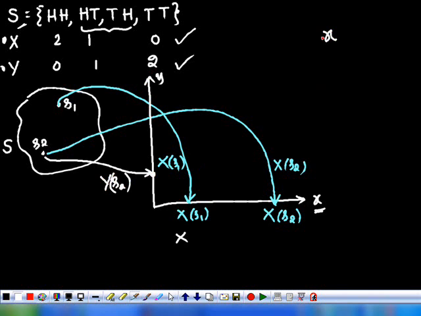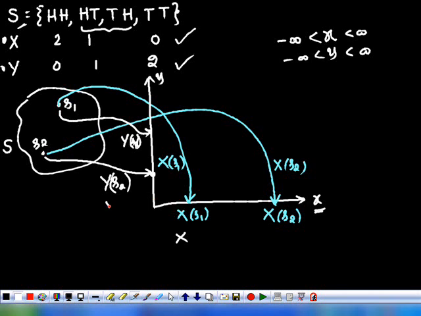That is, here x and y are between minus infinity and plus infinity, the real values. So this can be mapped onto another value, that is y of S. That is, we are mapping the sample points onto the x-axis and the y-axis.